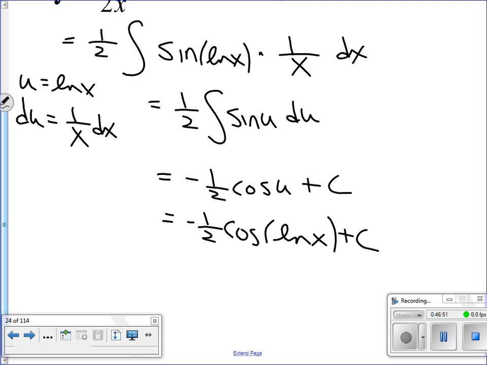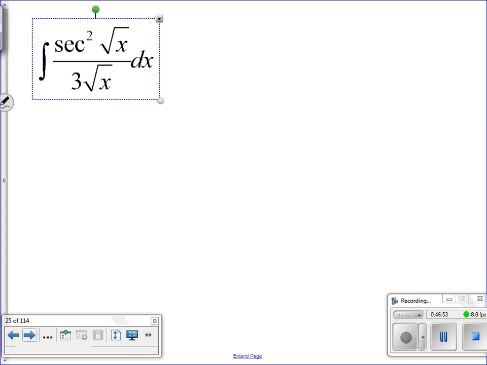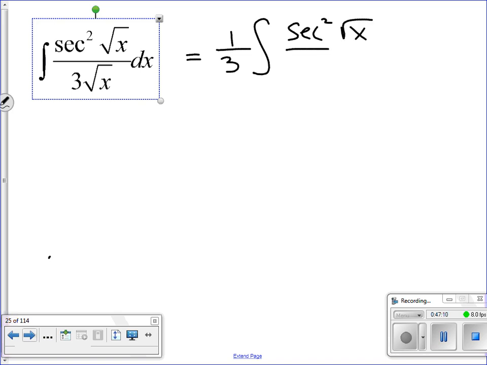All right, let's try the second one. I don't know. That's just going to stay. All right, I will pull the 3 out of the denominator. So we have a 1/3 times the integral of secant squared rad x over rad x.